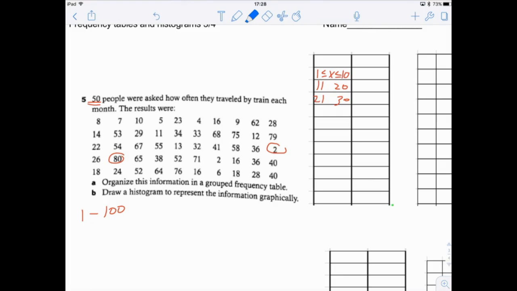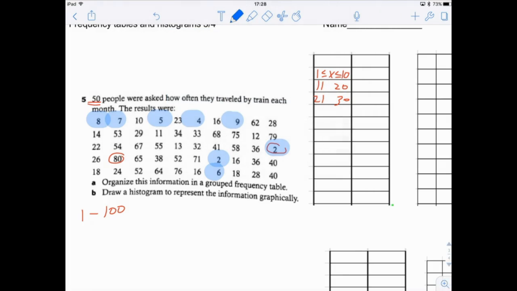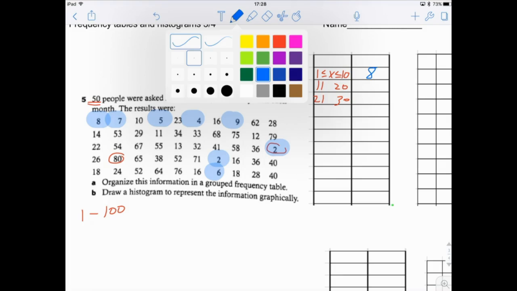So that would be this, 3, 4, 5, 6, 7, 8. Looks like 8. So I'm going to put 8 here. I'm going to put it in blue since I marked those blue. Then I'm going to see which ones go into 11 through 20.